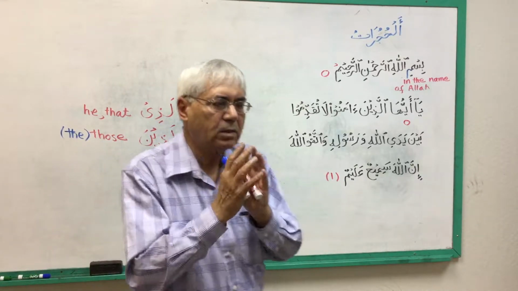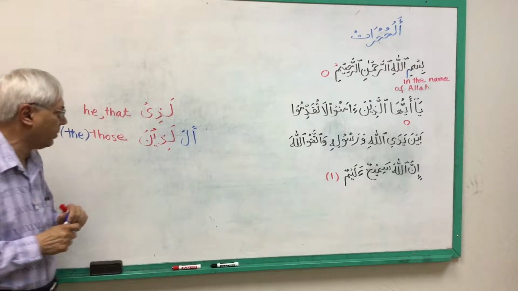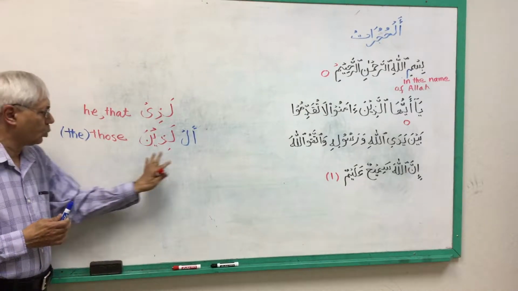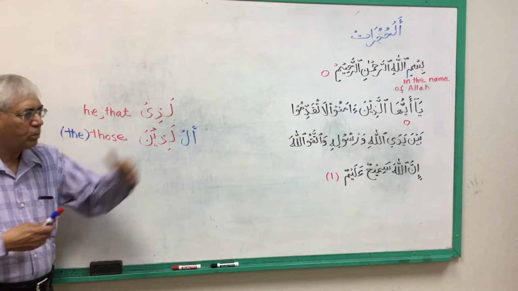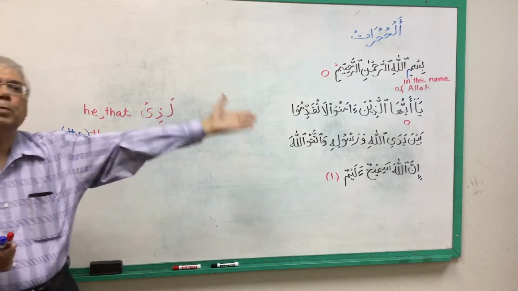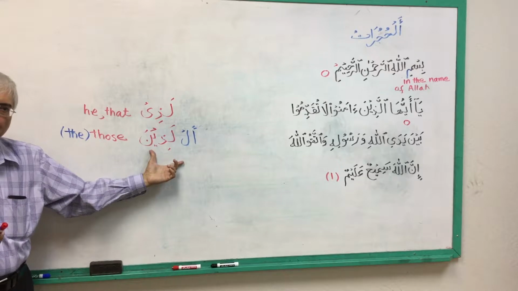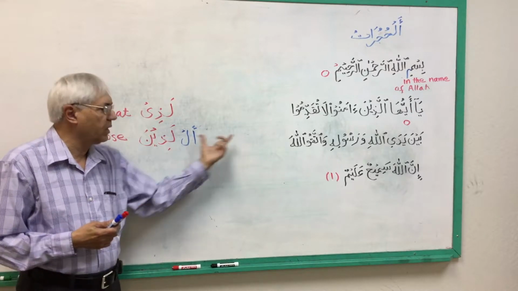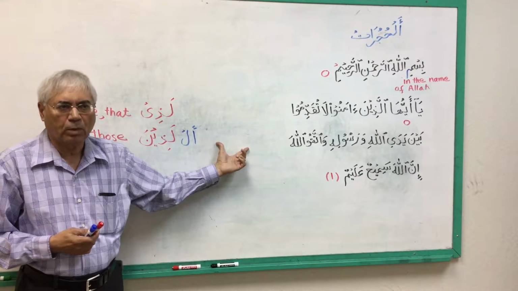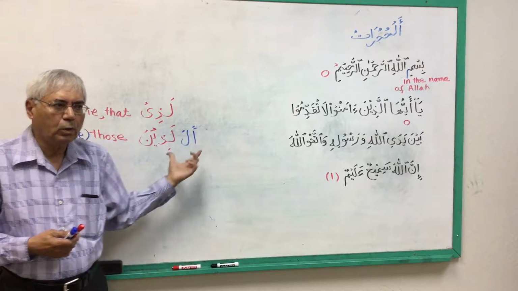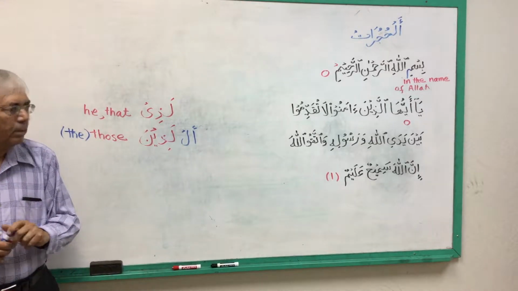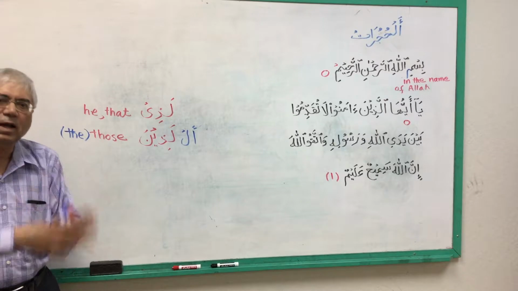Okay, so that is those. Alladhina. So Allah subhanahu wa ta'ala is talking about some people, those people. He is using the word Alladhina for them, and because Al is there, Ya Ayyuha has to come before that. So when you combine them, it will become Ya Ayyuha Alladhina.